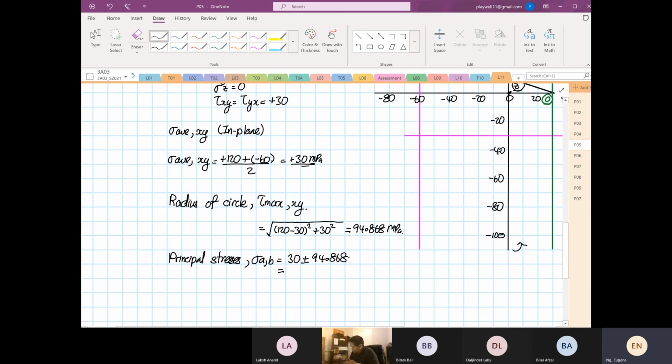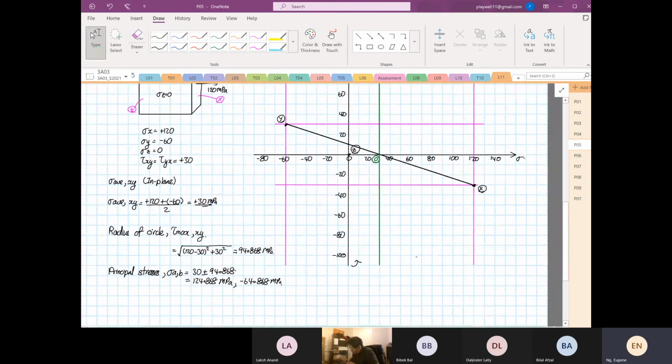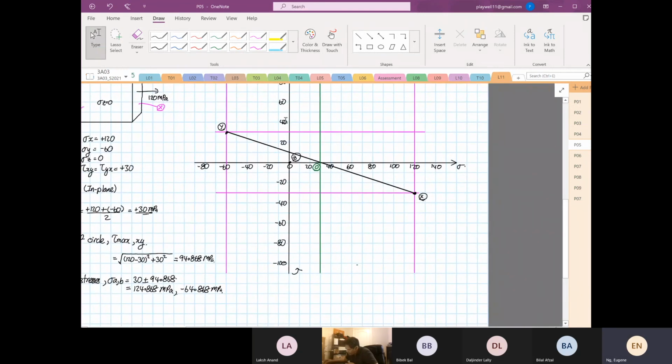So 30 plus 94.868 is equal to 124.868 megapascal, or 30 minus 94.868 is equal to minus 64.868 megapascal. So with this, we can more or less sketch Mohr circle.